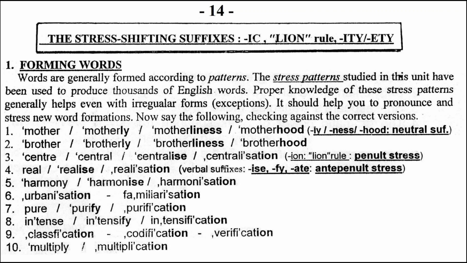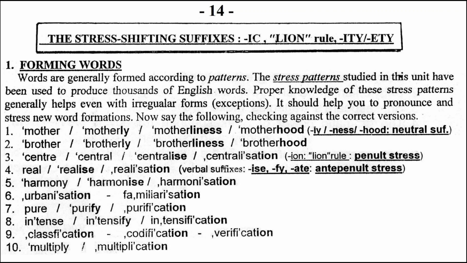But how have we decided the secondary stress? Here, because we have only 2 syllables before the primary, it's automatically the first one, which is real, that will take the secondary stress. So realization. The secondary is on real.